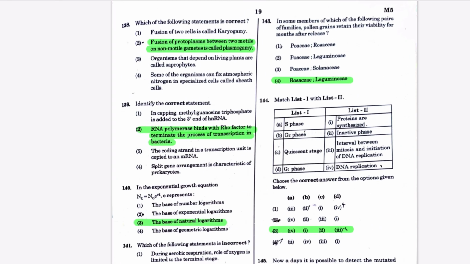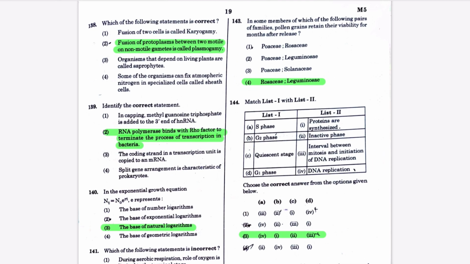Okay, so 138, they have asked us to mention the correct option, right? So fusion of two cells is not called karyogamy, fusion of two nuclei only is called karyogamy. Fusion of protoplasm between two motile or non-motile gametes is called plasmogamy, right? So fusion of protoplasm is plasmogamy, nucleus is karyogamy. So this is correct, but we'll see the next option too. The organisms that depend on living plants are not called saprophytes.